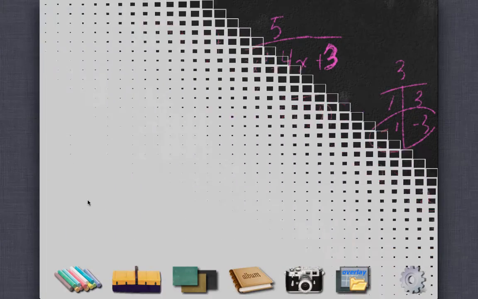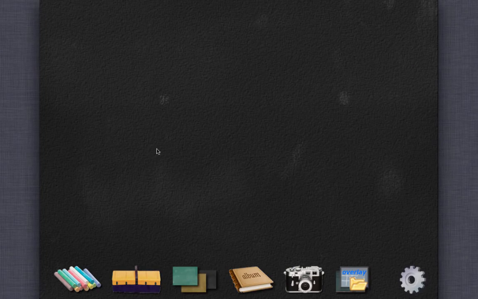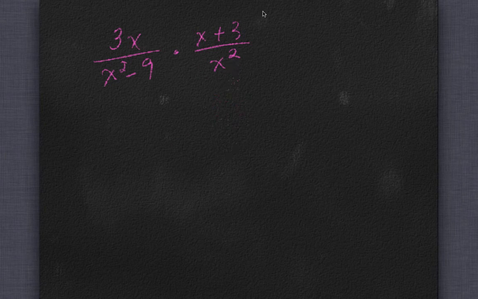There's one other thing with these, being able to multiply and divide and then simplify. So remember with fractions, you multiply just straight across. So if I have 3x over x squared minus 9 times x plus 3 over x squared, for example, I would simplify them first.